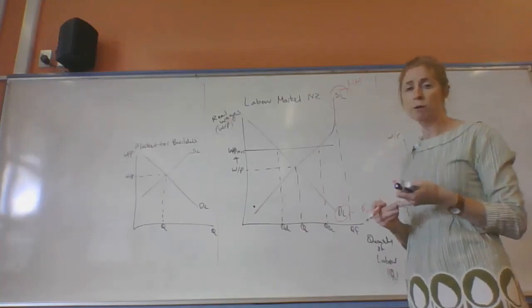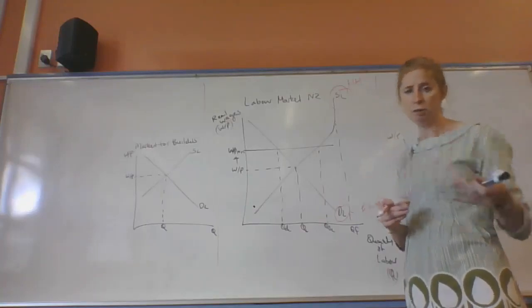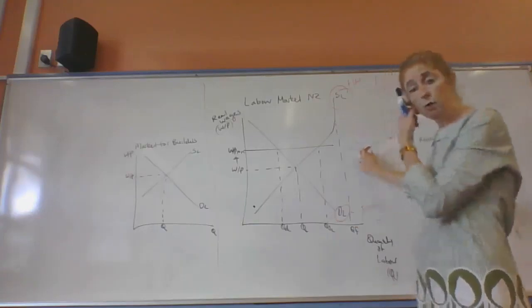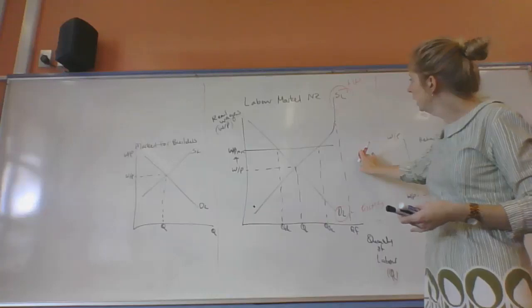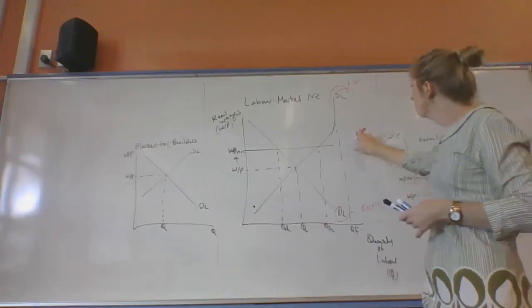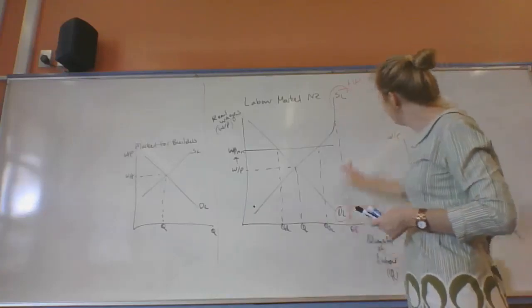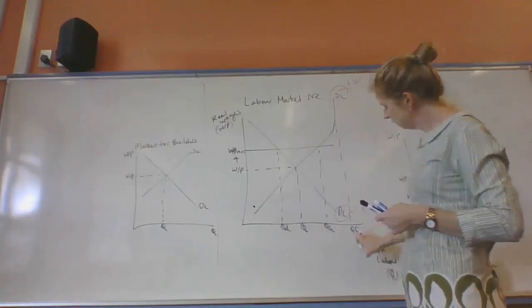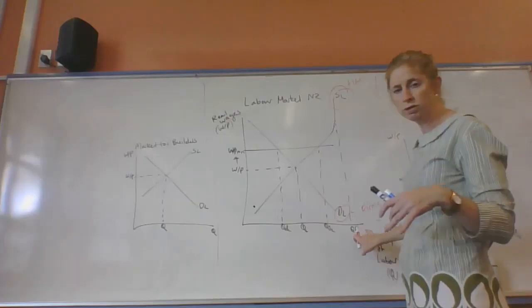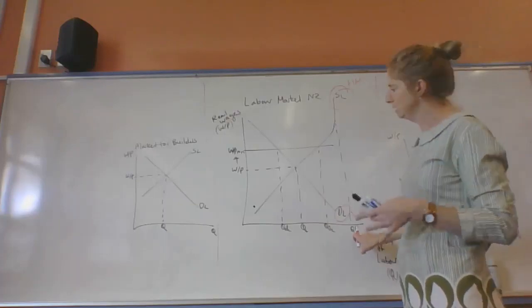They might be old enough to work, but they're not available for working. So this only includes people who are actually available for work and can work. It's kind of simplifying it. So it becomes vertical, and that's why I draw a line down and call it QF, because this is the full quantity of labour you could ever hire in this market.